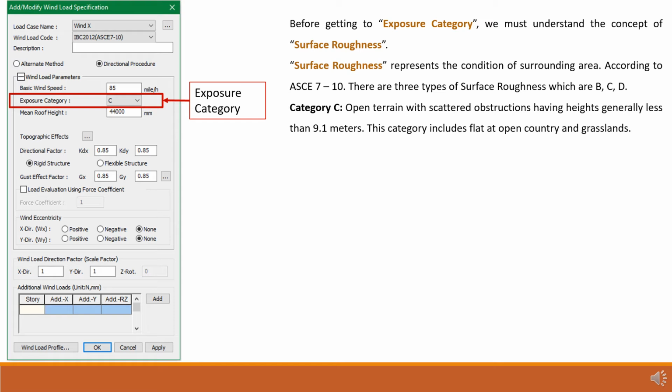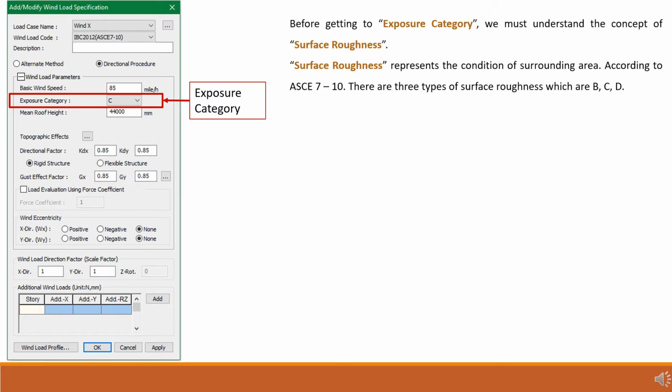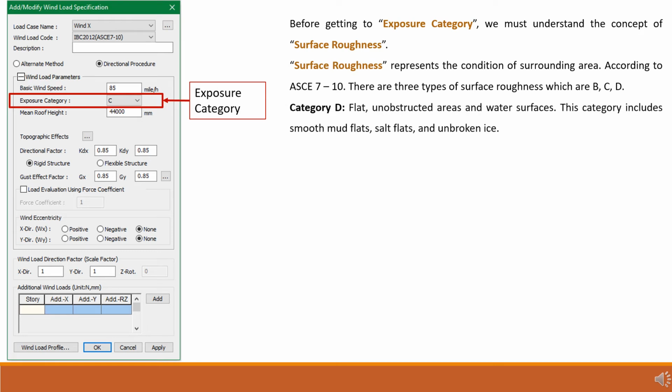This category includes flat open country and grasslands. Category D – Flat, unobstructed areas and water surfaces. This category includes smooth mud flats, salt flats, and unbroken ice.